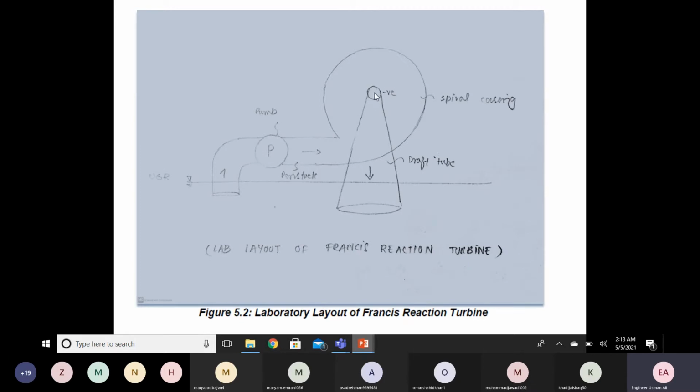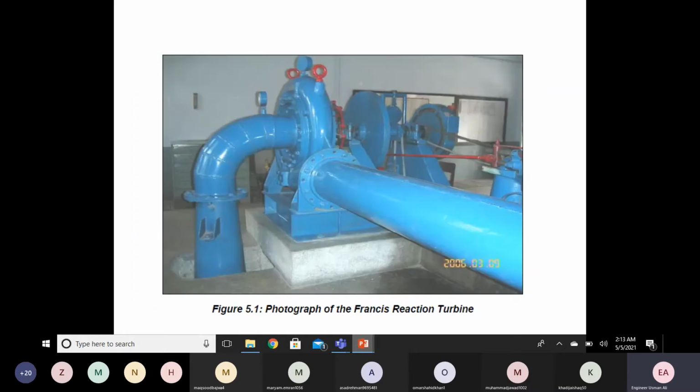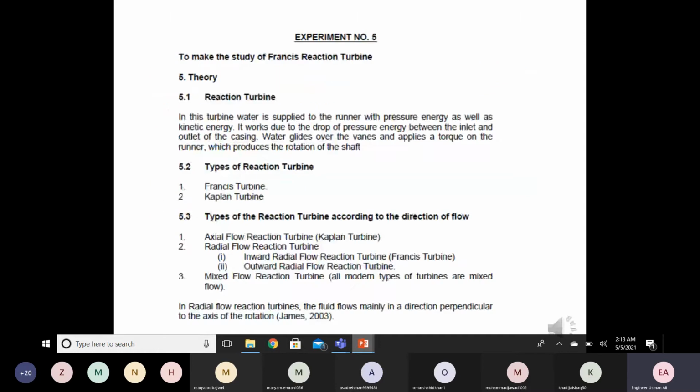I will tell you why it becomes negative. This difference of pressure, positive pressure at the inlet and negative pressure at the outlet of the casing, creates a pressure gradient that causes work to be done on the runner, and hence rotates the runner. The same thing is explained here: because of this drop of pressure between inlet and outlet of the casing, from positive to negative, work is done, and water glides while moving into the runner.